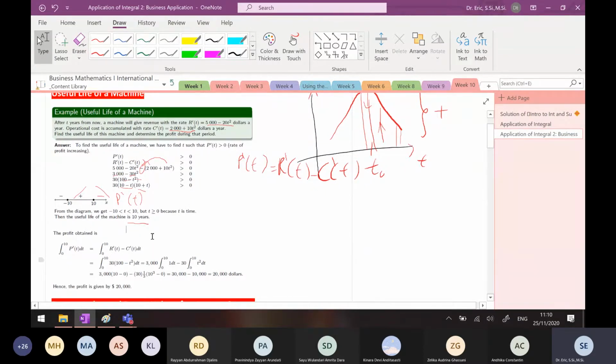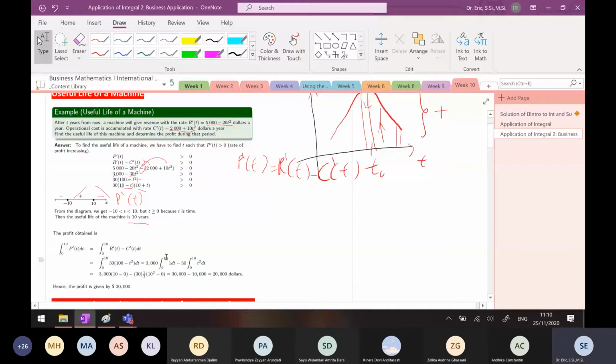So I can separate this: 3000 integral of 1 dt minus 30t squared dt. Okay, yeah? The integral of 1 is just t evaluated at 0 and 10.